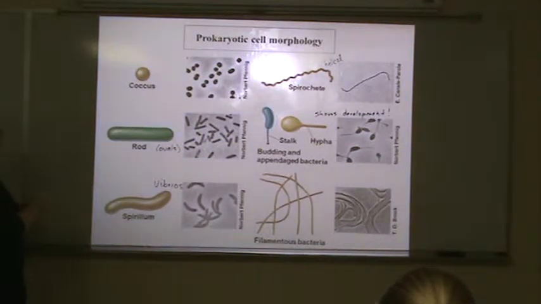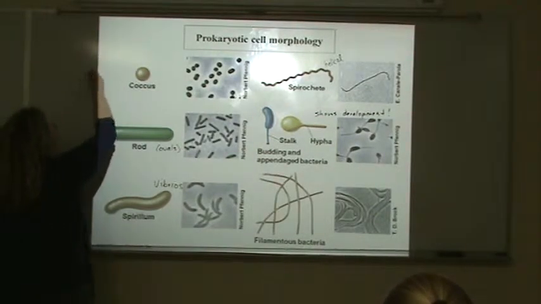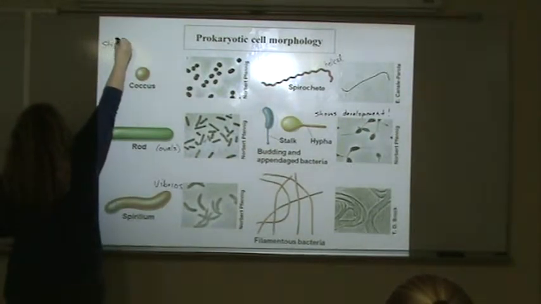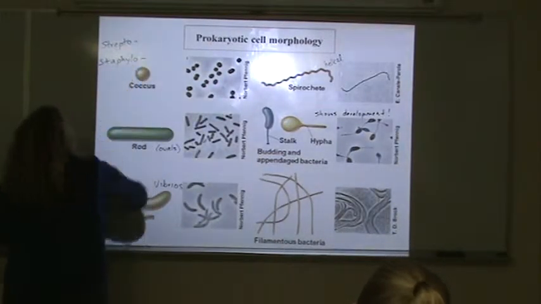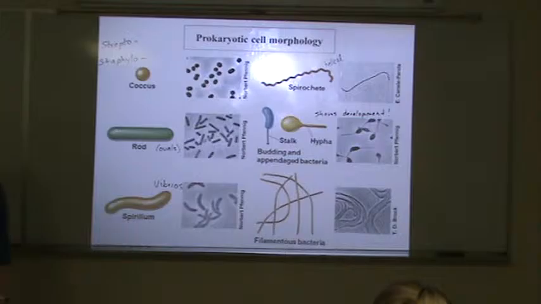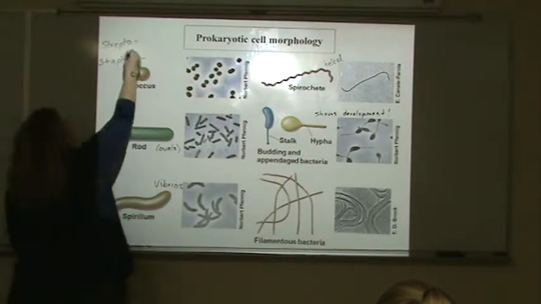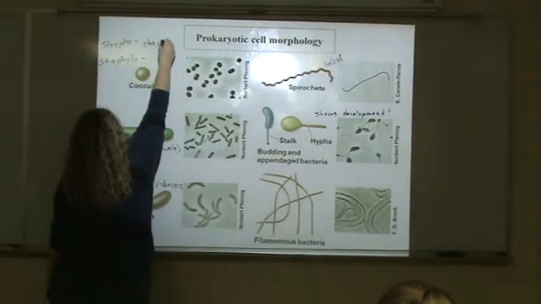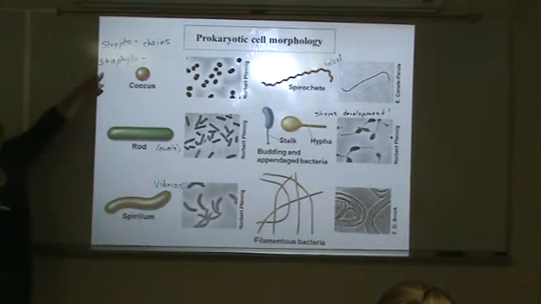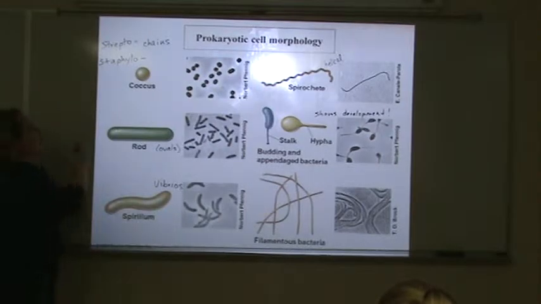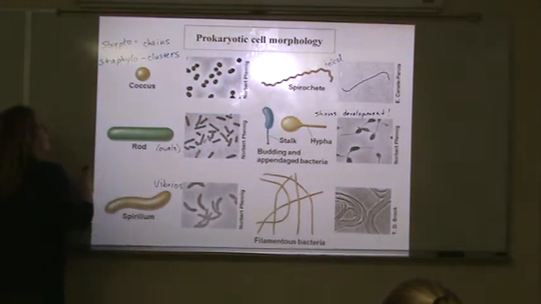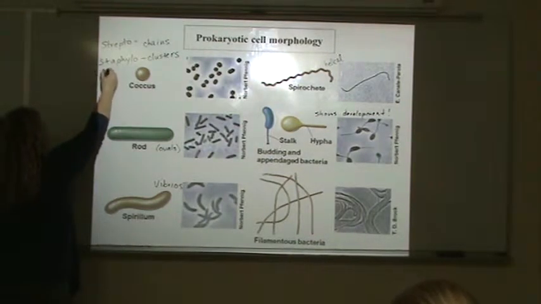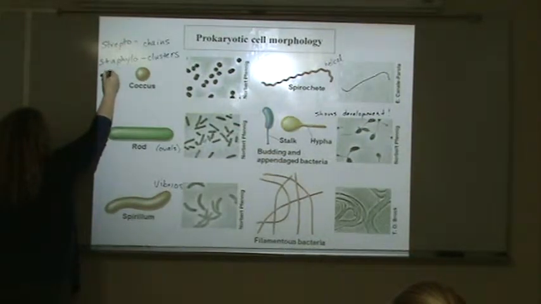A couple of other things I want to put on here, which are prefixes. Strepto and staphylo. Hunter, what is strepto as a prefix? What does that mean? Chains. That is a prefix meaning chains. What about staphylo? Cluster. So you can have clusters of cocci.